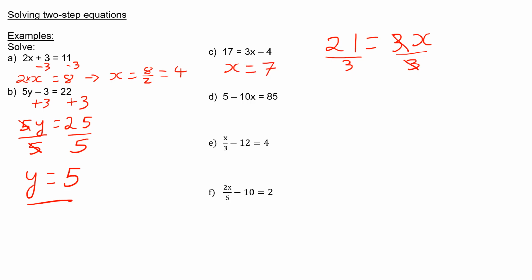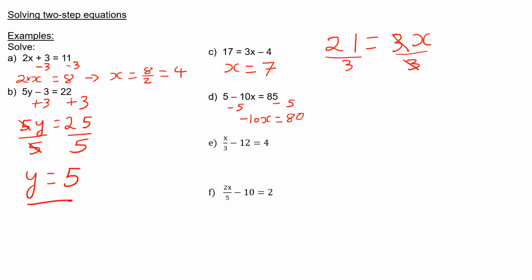For D, I can subtract 5 from both sides, because remember the minus in front of the 10 is operating on the 10x, so I really have 5 take away 10x equals 85. So I'm going to subtract 5, because right now there's a plus 5. I'm going to subtract 5 from both sides, leaving me with minus 10x is equal to 80.